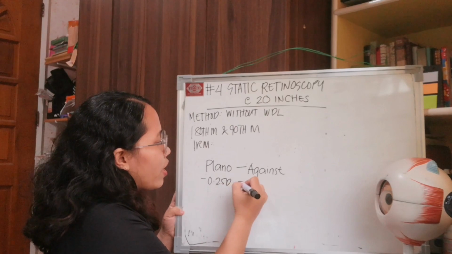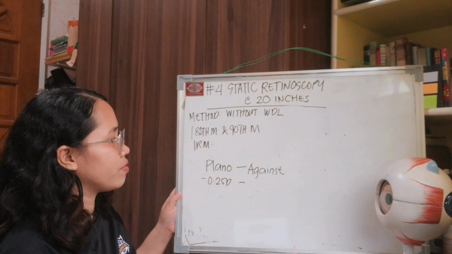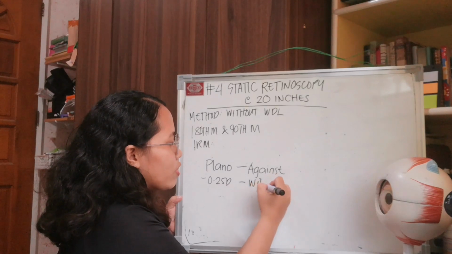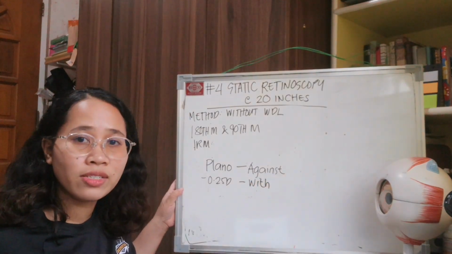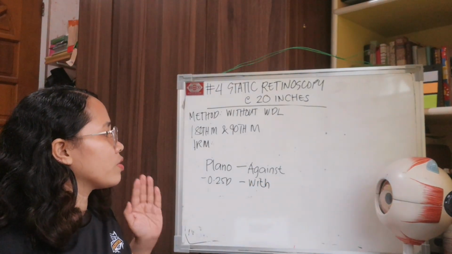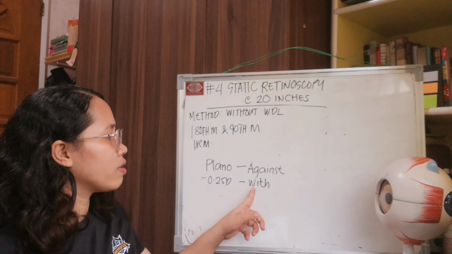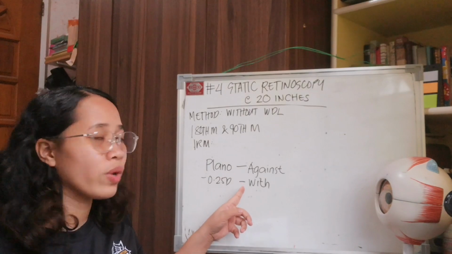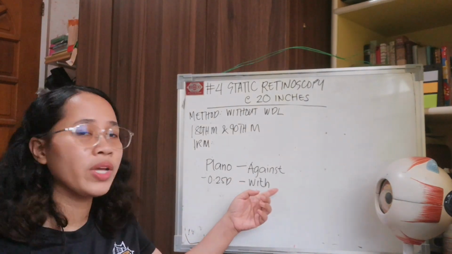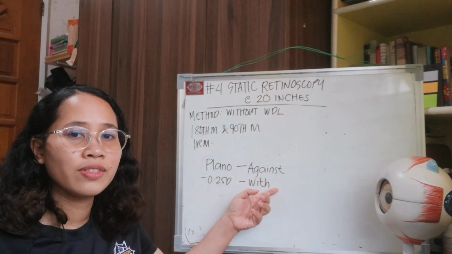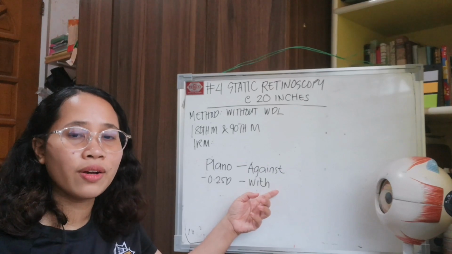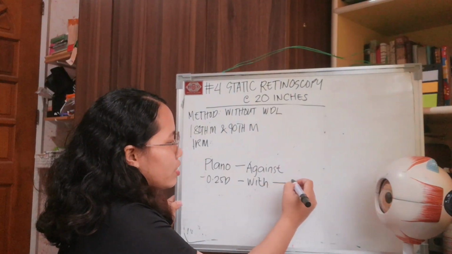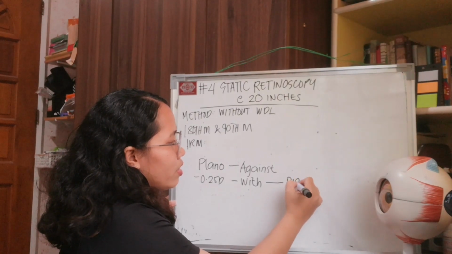At minus 25, the movement is with. Oh, that was fast. So now, from against, it becomes with. This is now our PR, or point of reversal.